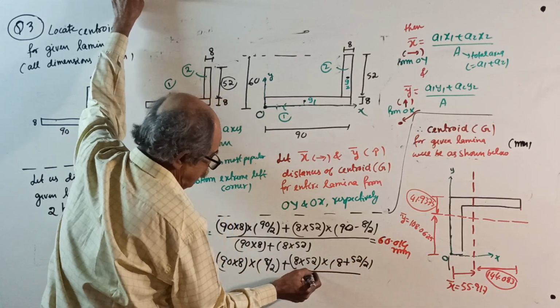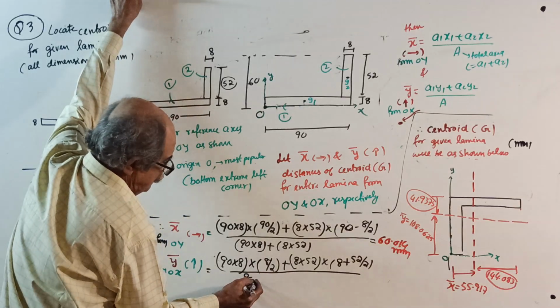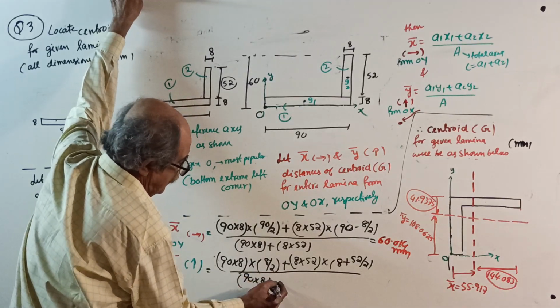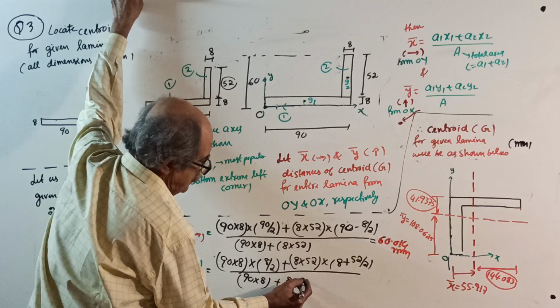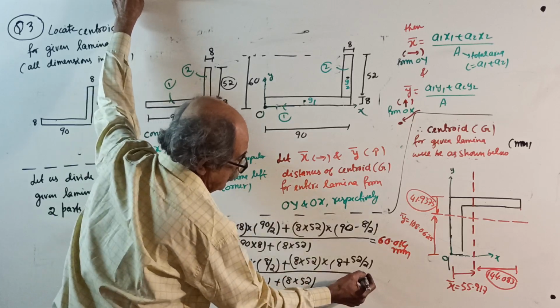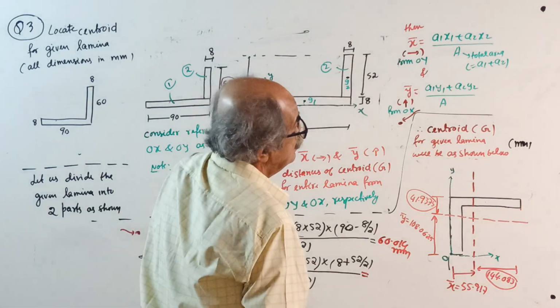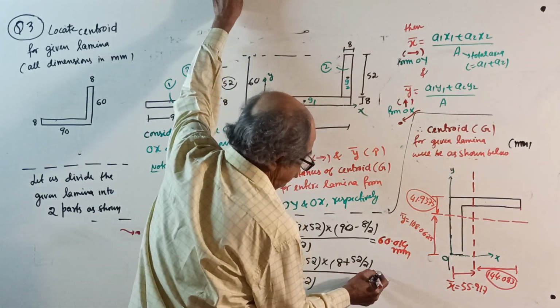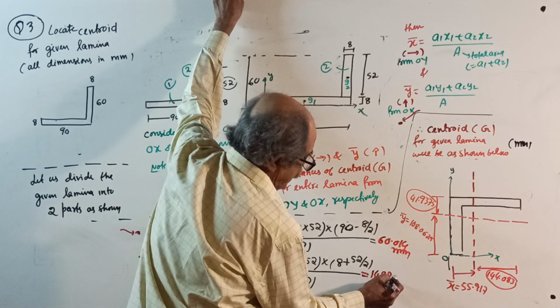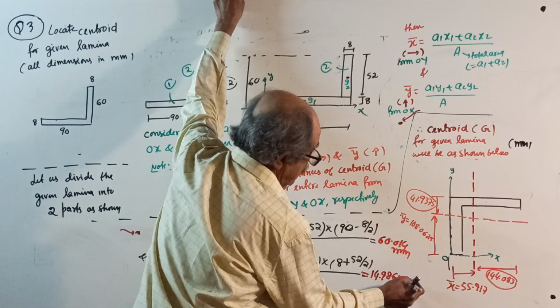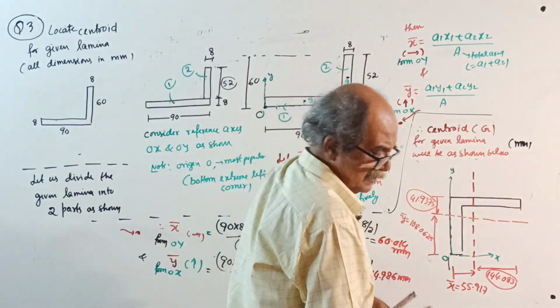This was all explained for you earlier. Divide by the same, 90 by 8 plus 8 by 52. Next time I will not waste time here. By chance, if any calculation mistake is there, don't make an issue. You check the answer. It will come. That question is 14.986 millimeter. Okay.